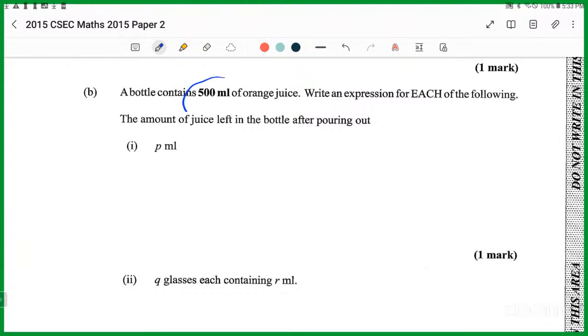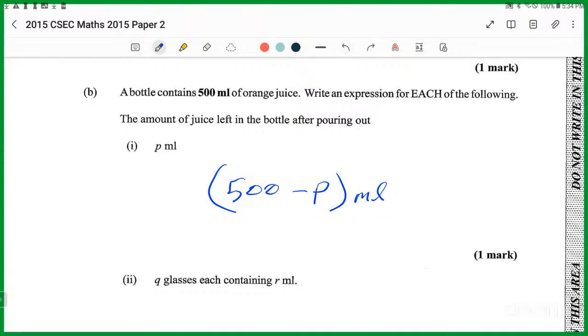You're starting with 500, you're going to take out some. The amount of juice left after pouring out P milliliters. So the amount of juice left is going to be 500 minus P milliliters. See here? 500 minus P milliliters. That's the amount left right here.